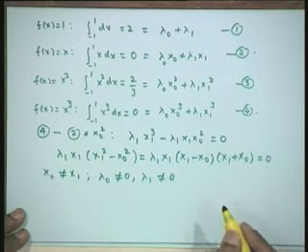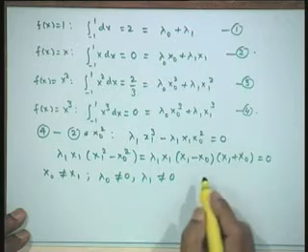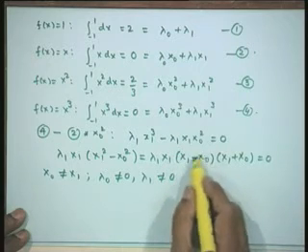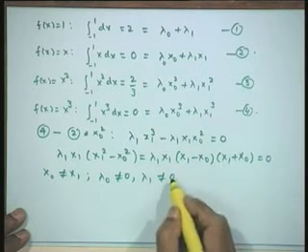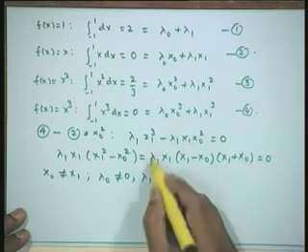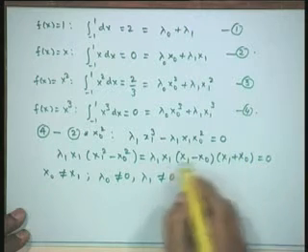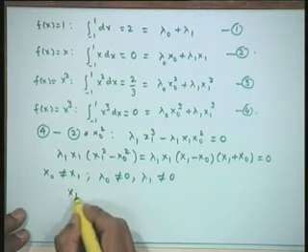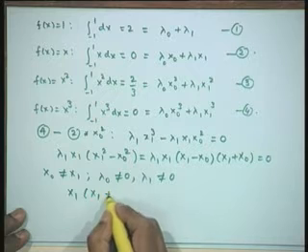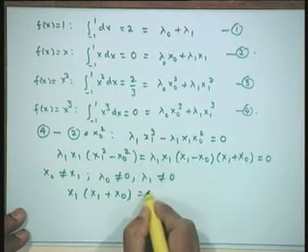These are all the properties of the given quadrature rule. If that is so, x 1 is not equal to x naught, so this factor can be cancelled. Lambda 1 is not equal to 0, so it cannot be cancelled. What is left is simply x 1 into (x 1 plus x naught) is 0.